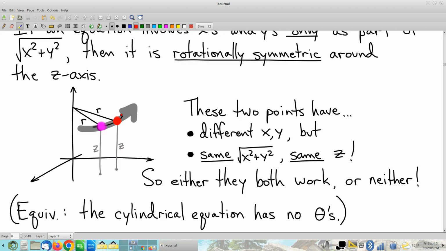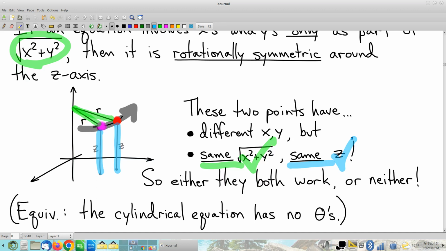But here's the neat observation. Rotations mean that the distance from the axis is the same. That distance from the axis, being r, is exactly what that is. Right? So these 2 points actually have the same value of that expression. And furthermore, and again, this is just the way rotations work, these 2 points have the same z as well.